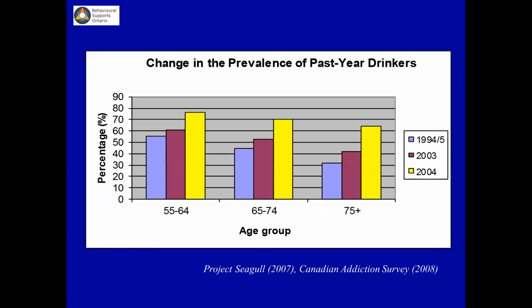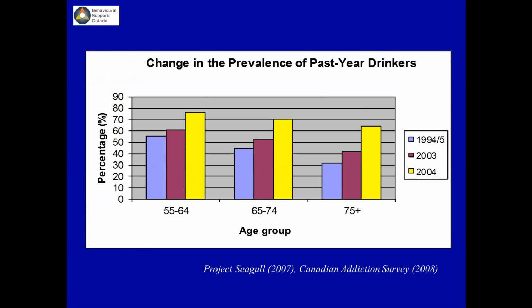So going back to the prevalence, what you'll notice over time is that in the 90s, the prevalence of drinking in the past year was somewhere between 50 and 60%. Go forward about 8 years, and that's jumped quite a bit, about up to 10% if you look at the oldest group over here on the right-hand side.